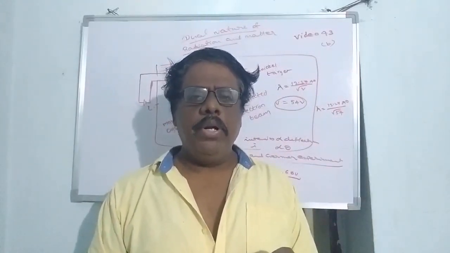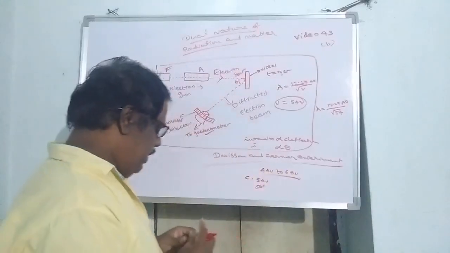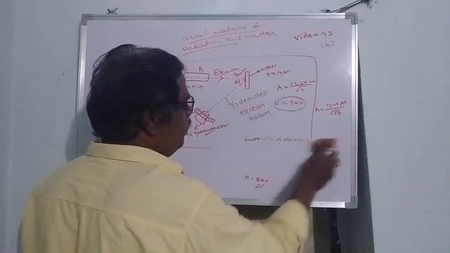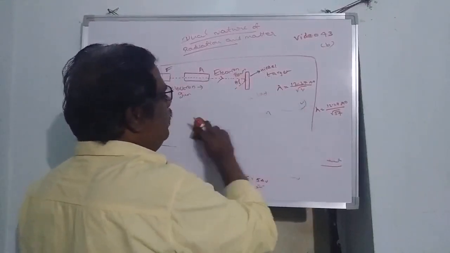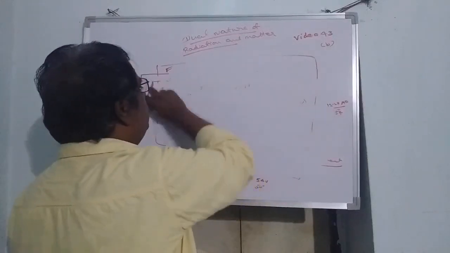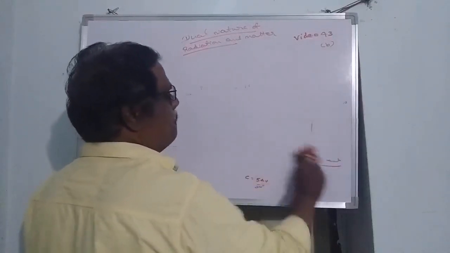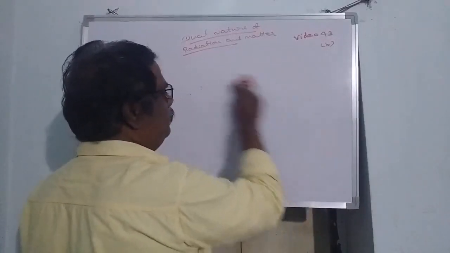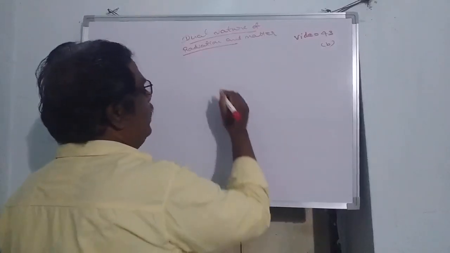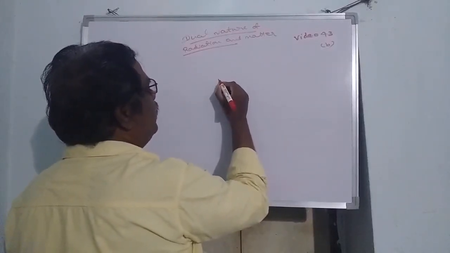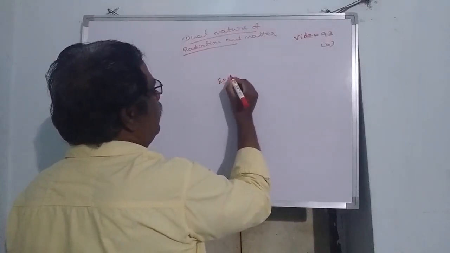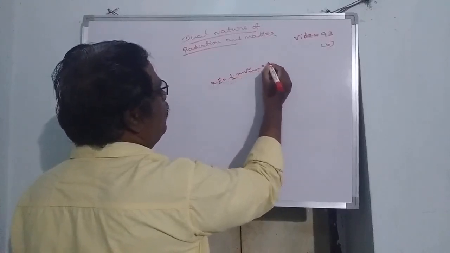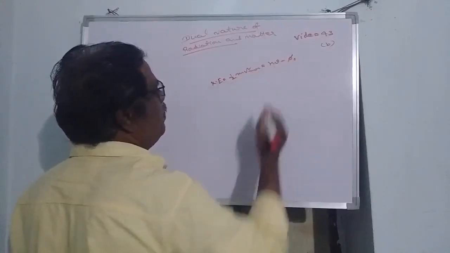Next one, about the Einstein equation. What are the important terms in the Einstein photoelectric equation? Kinetic energy K max is equal to half mv square max, which is equal to h mu minus phi naught, or W naught.